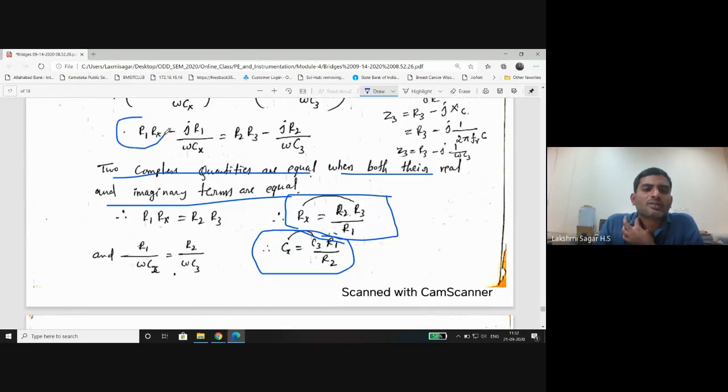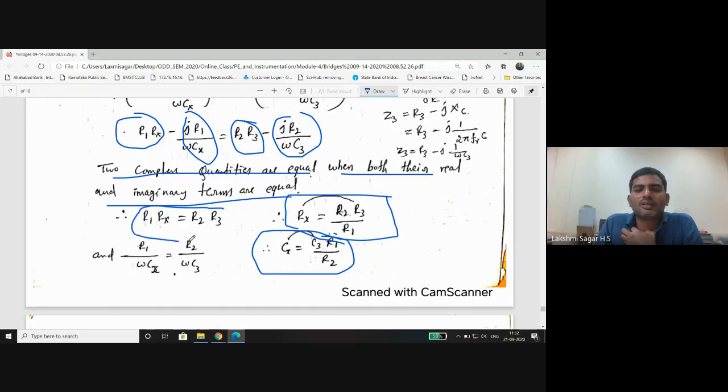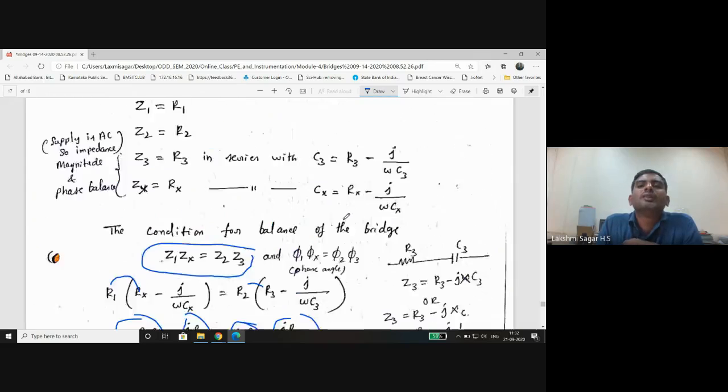The real terms give R1 Rx equal to R2 R3, and the imaginary terms give j R1 by omega Cx and j R2 by omega C3. The j by omega gets cancelled, so you get Cx is equal to R1 C3 by R2. And from the real term, Rx is equal to R2 R3 by R1. Understood?